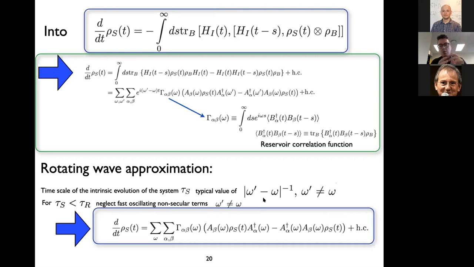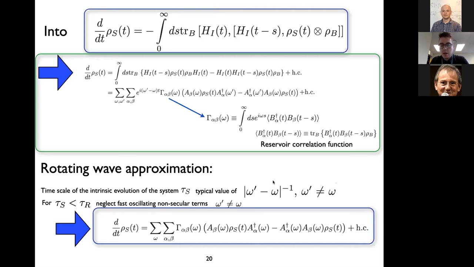Intuitively, the way you can see this is that these omegas, omega prime and omega, will be proportional to the energy eigenvalues of our open system Hamiltonian H S.